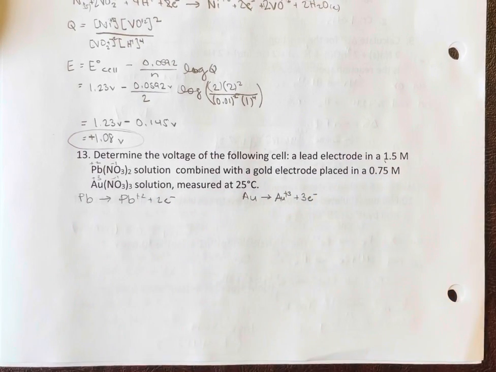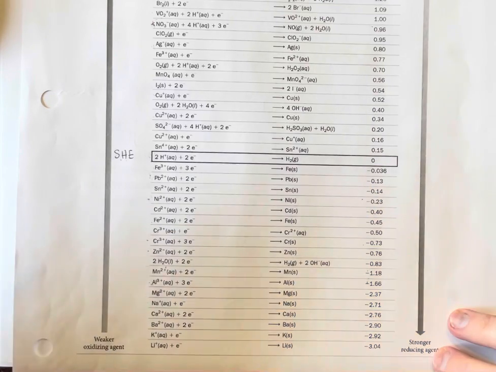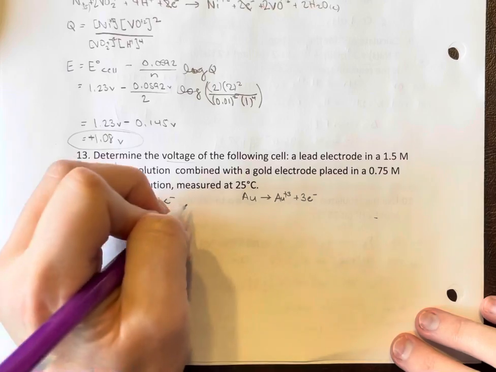And yes, I realize I'm writing both of these as loss. But what we can do here is look, because it wants to know the voltage. And so we're going to want a spontaneous voltage. So let's look at lead. And there it is. Lead is negative 0.13.